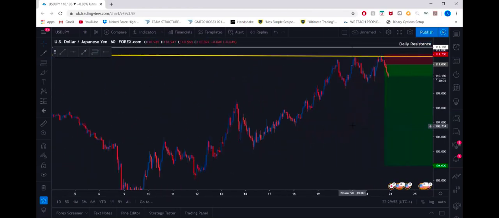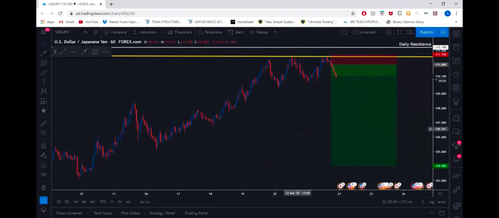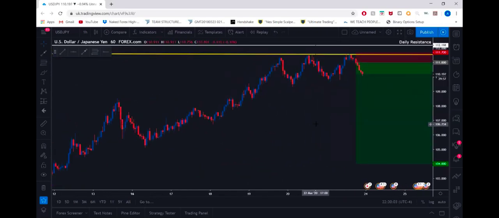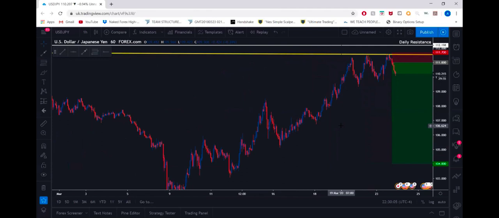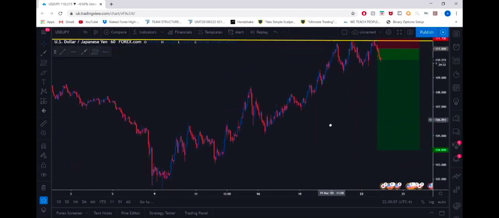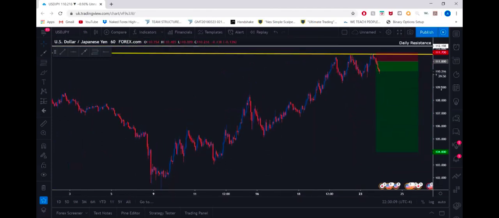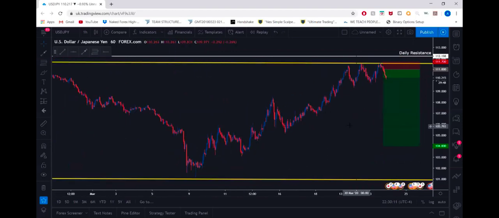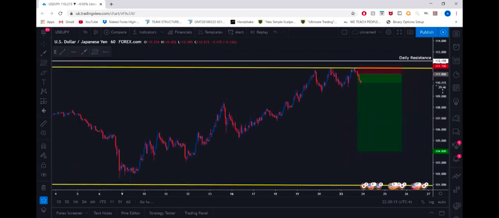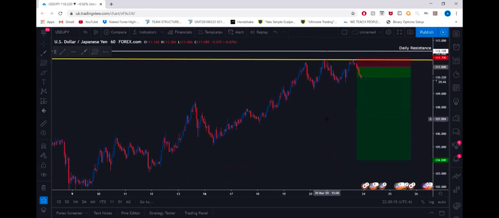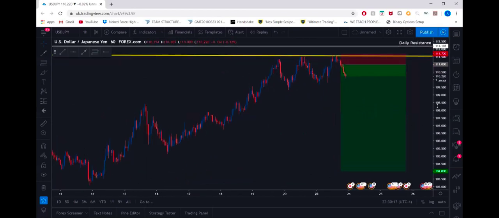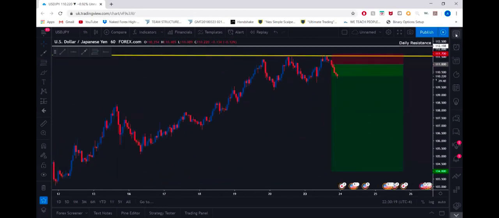Most likely gonna be the trade for the whole week, maybe into the next week, depending how it moves, depending upon any news that might alter the market conditions. But anyway, it's a risk-free trade at the moment, so definitely holding on to it.